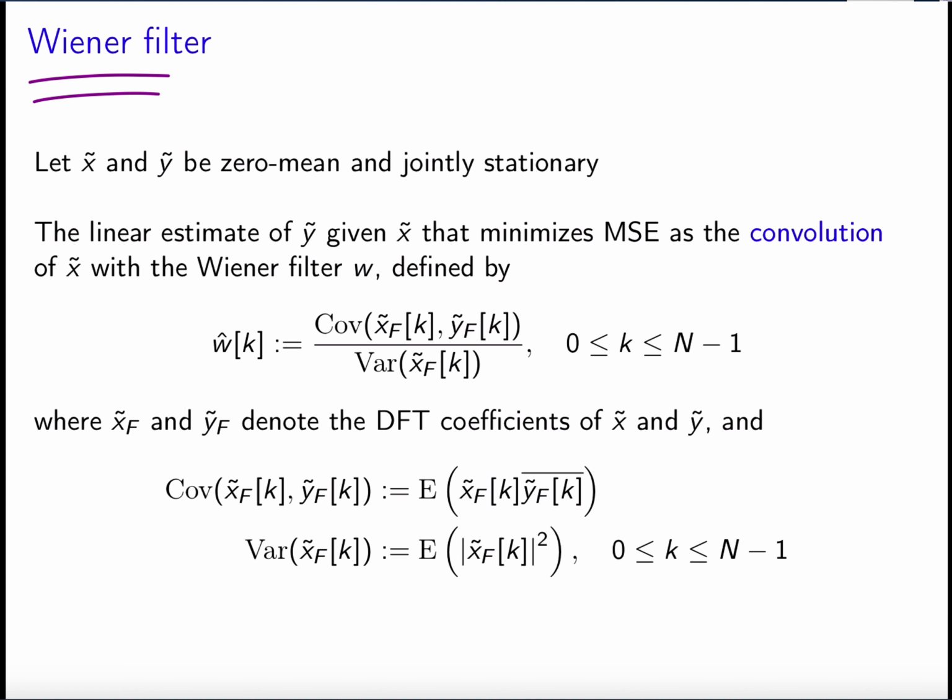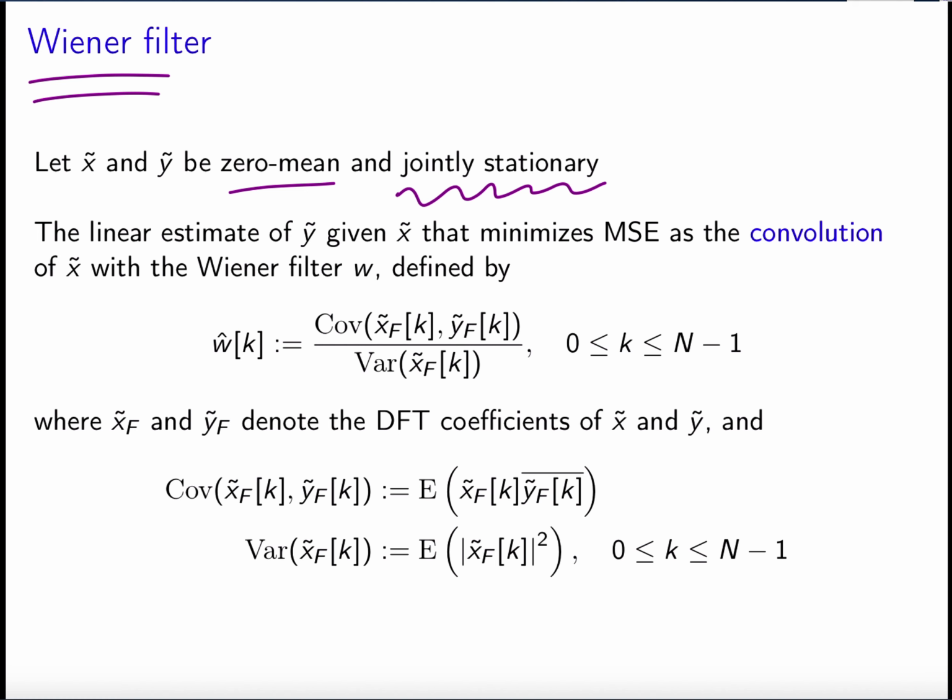So if X and Y are 0 mean, again, this is not a big deal because we can just center, and this is a much bigger deal, jointly stationary, the linear estimate of Y given X that minimizes the mean squared error is a convolution, as we have shown, with a filter where each DFT coefficient is weighted by the covariance of the data, the measurements and the signal, divided by the variance of the measurements.